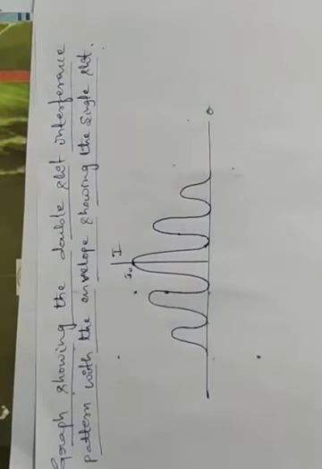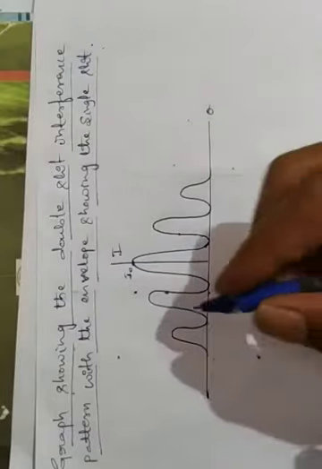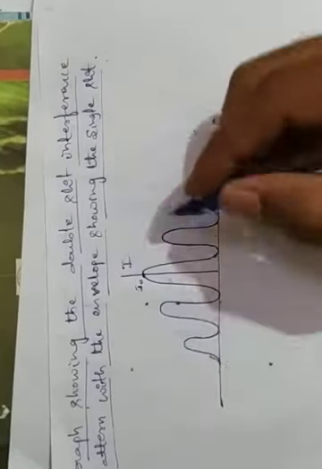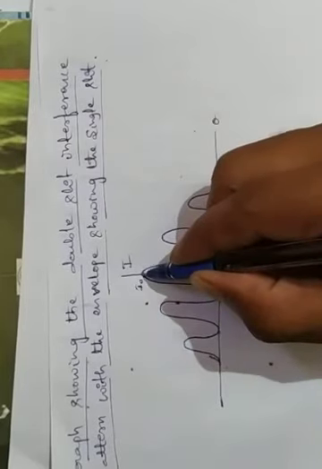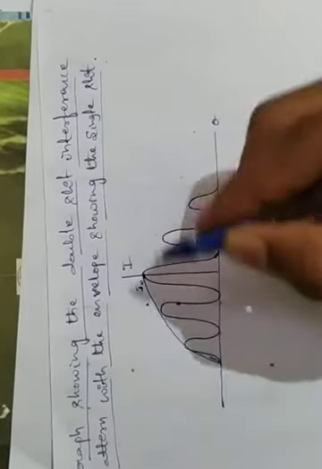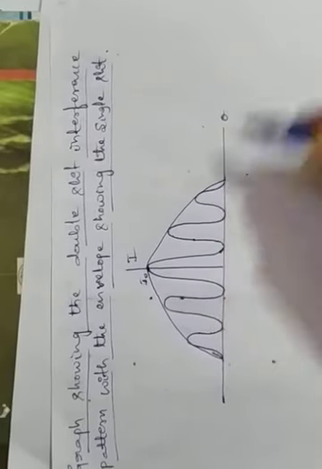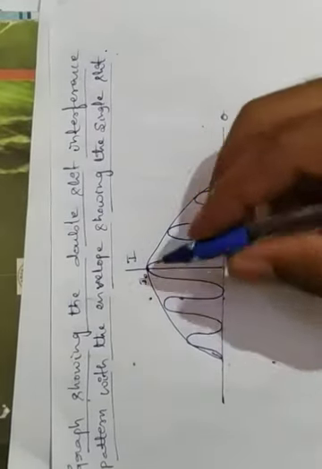Okay, now in the case of the single slit, how does it form? We get the central maximum, and on either side the intensity is very less. Now we can show it like this, observe carefully. So this is the central maximum in the case of a single slit.